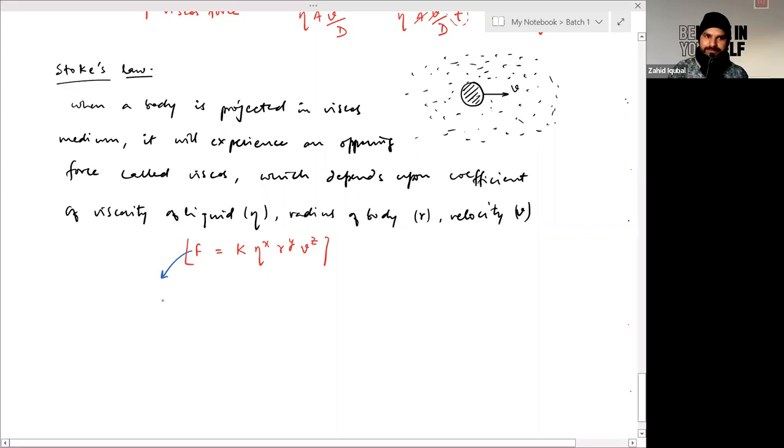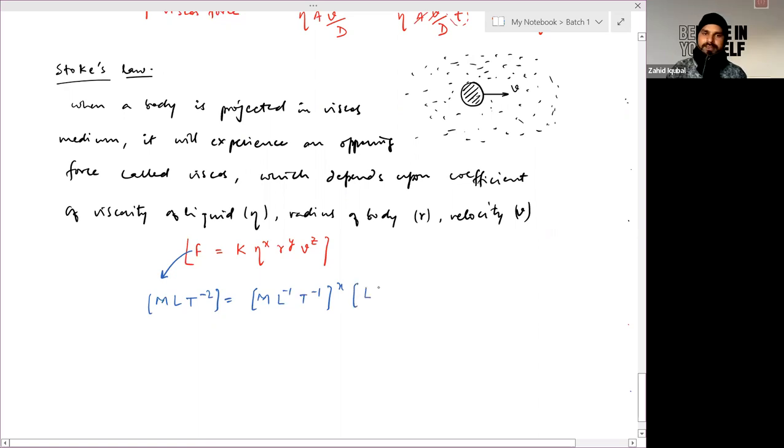So for F, the dimensional formula will be M L T raised to minus 2. K being a proportionality constant, it will be a unitless quantity, neglected. Eta, coefficient of viscosity, M L minus 1 T minus 1, raised to x.